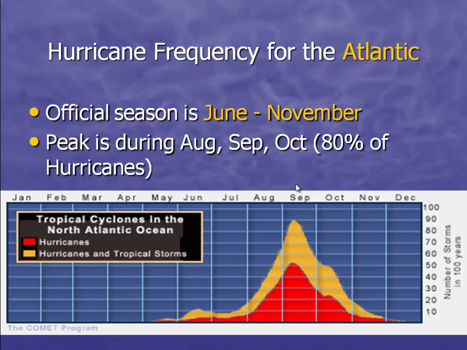The answer to that is because we have a very large lag effect. Recall that the oceans are very, very large. They have a lot of mass, and the water has a high specific heat. So it takes the water a really long time to get up to that 80-degree temperature threshold that we need. And when we do achieve it, it lasts for a pretty long time. When you heat water up to a certain temperature, it will hold its temperature for quite a long time.